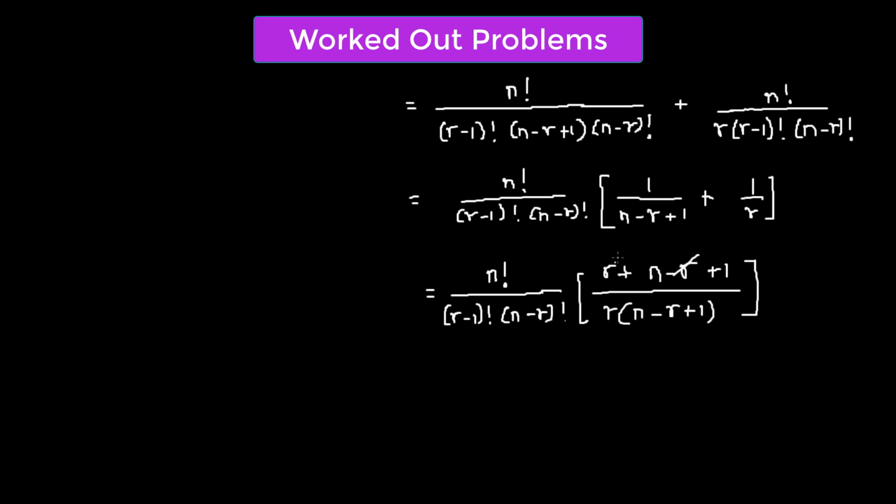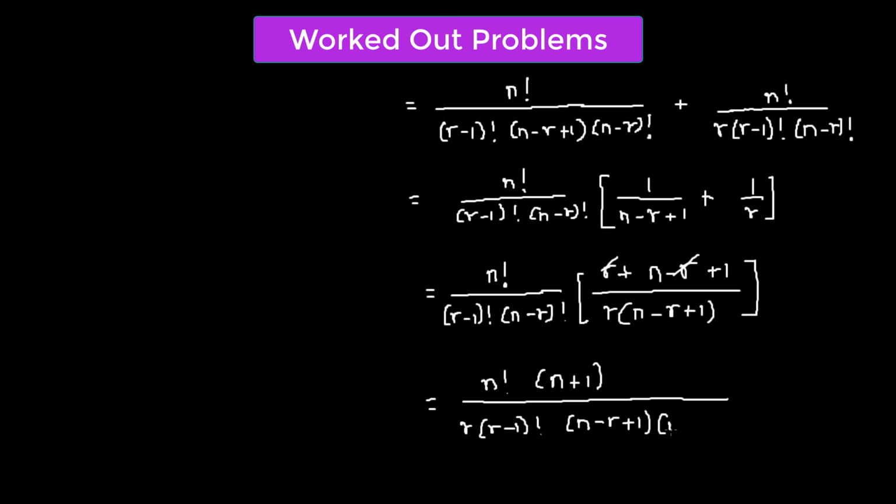So the r and r will cancel out each other, leaving behind n factorial times (n plus 1) divided by r times (r minus 1) factorial times (n minus r plus 1) times (n minus r) factorial.